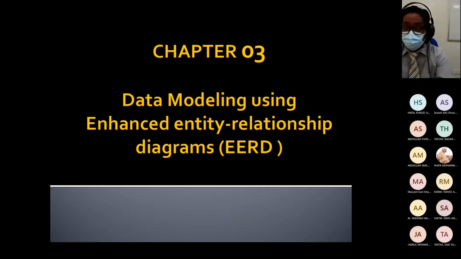In your midterm or finals, we will mention there, because both scenarios can make ERD or EERD. It depends on the instruction, from that given scenario, you have to illustrate it using the EERD. So we will mention it in the question. Maybe another scenario should be only in ERD.